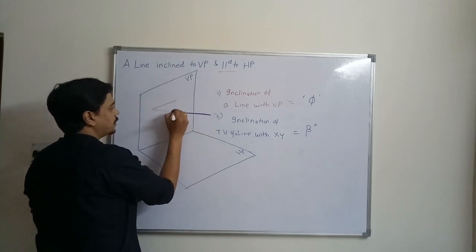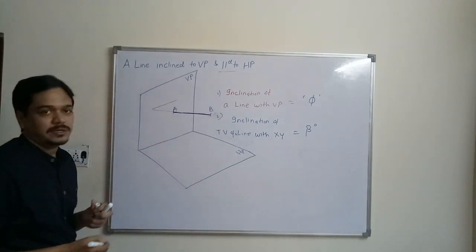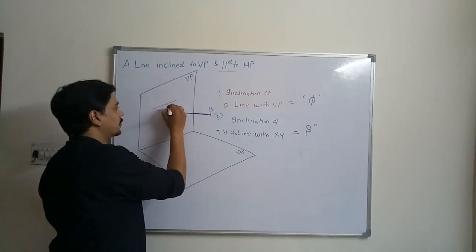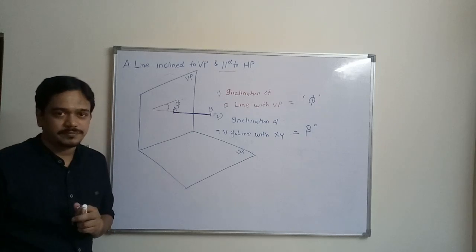So this is the line A and B. It is parallel to the horizontal plane and inclined at 45 degrees with the vertical surface.